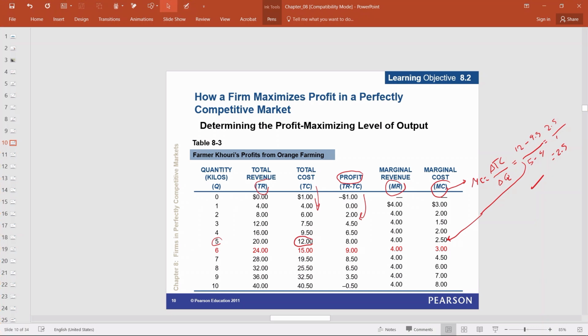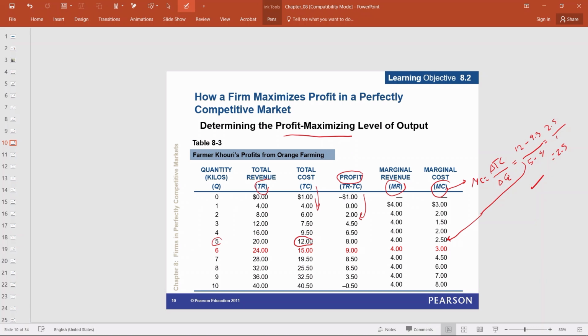Now, the important thing to say here is there is a rule for maximizing profit. If you remember, there was a rule for maximizing utility in the previous part, and there were two criteria: marginal utilities for two products have to be similar, and within the budget.